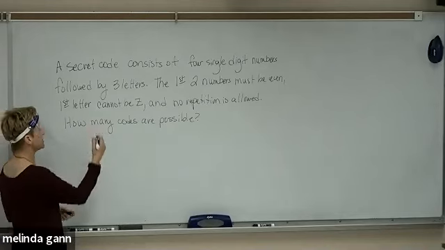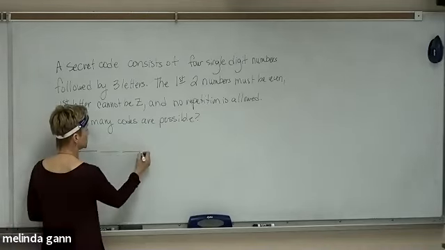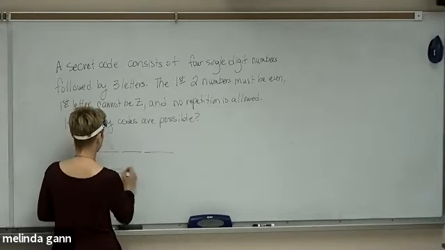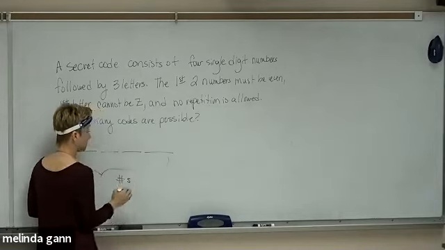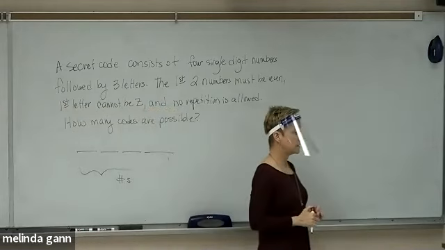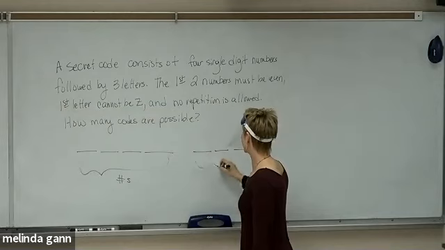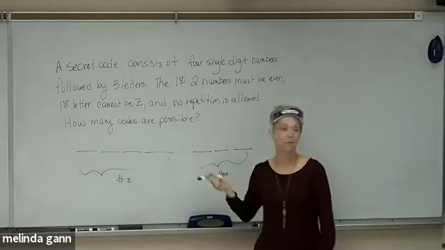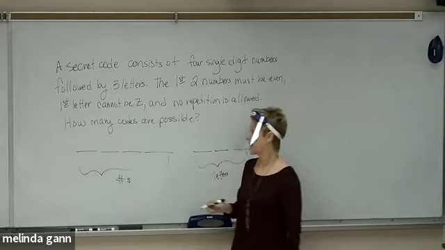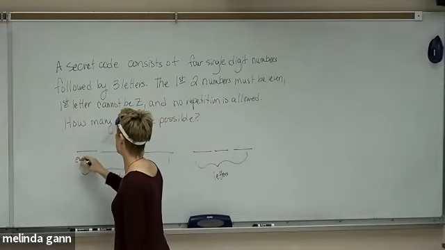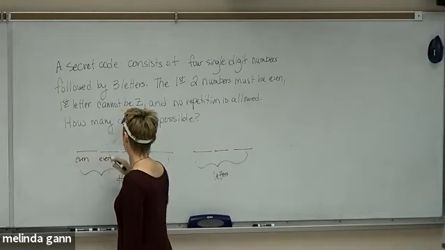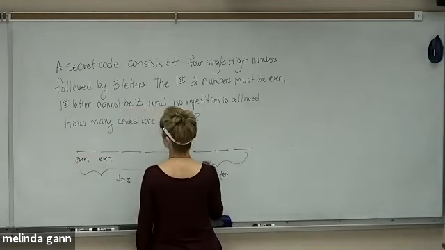Now, what I'm doing, I tend to write notes to myself. You understand that you've got 4 single digits, so these are numbers. Then it's followed by 3 letters. What about the first 2 numbers? They have to be even. So this one's got to be even, and this one's got to be even. What about the first letter?